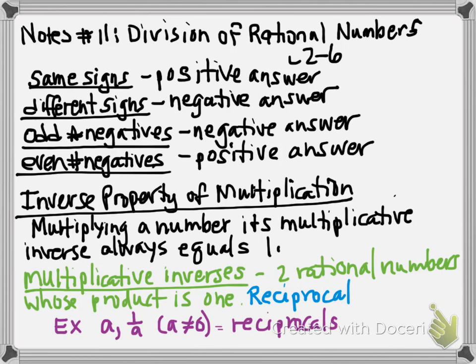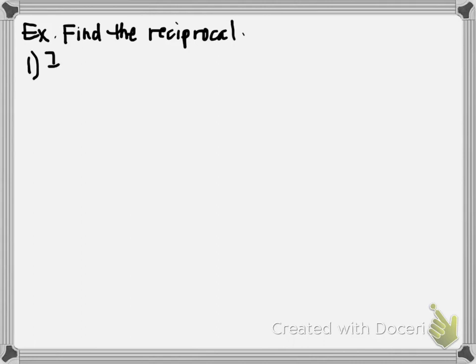Okay, so let's just practice that skill for a moment. Let's go over to the next page, and the directions say, find the reciprocal. And you're going to be given an original problem, and you're going to write its inverse.